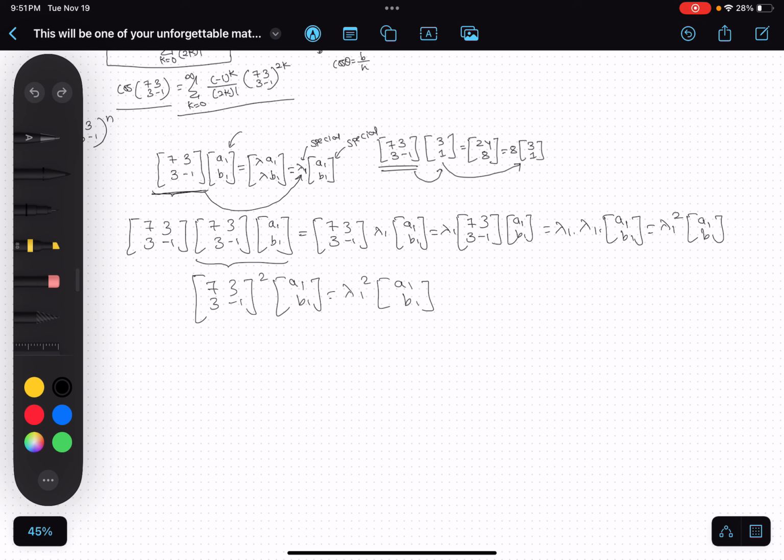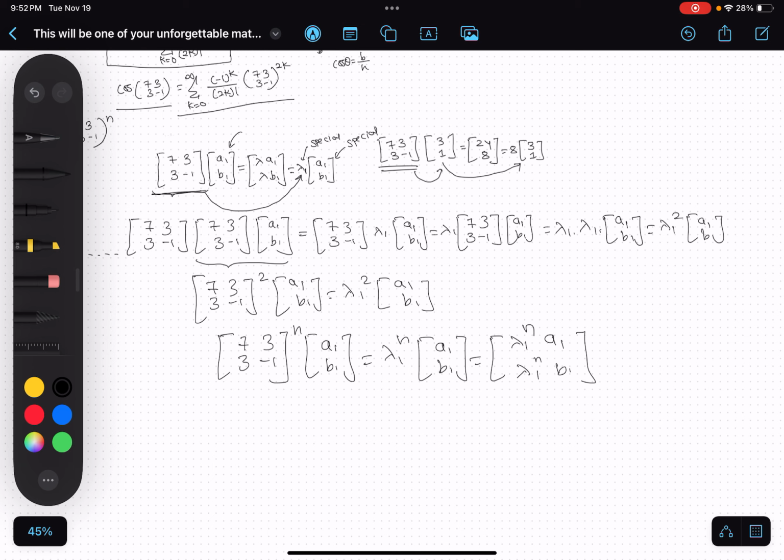So if you just go on increasing like this, with n matrices multiplied in front of this one, this will just be equal to lambda 1 to the power n a1 b1. And this is a really powerful result. I can also write this as lambda 1 to the power n a1, if you want.